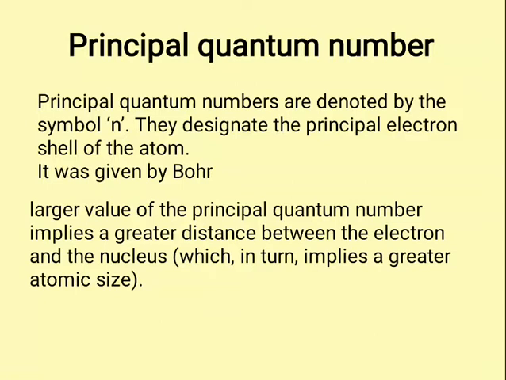And if we know the value of the energy shell, then definitely we can determine the energy of the electron in that particular shell. Remember, the larger the value of this quantum number, the farther the electron will be from the nucleus. Hence, the size of the atom will be bigger.